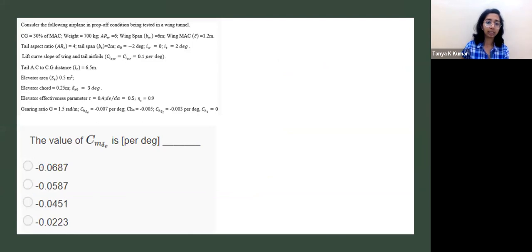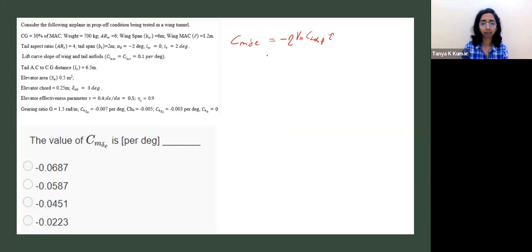Value of Cm delta E in per degree. What was the equation for Cm delta E? It is minus eta VH CL alpha of tail and tau.